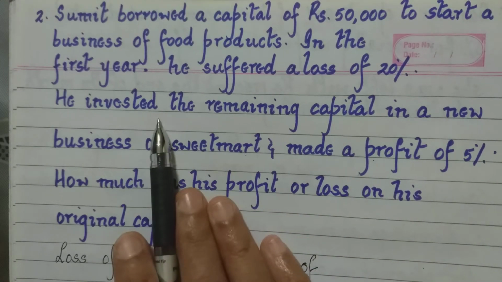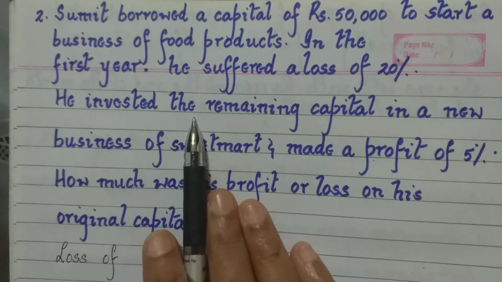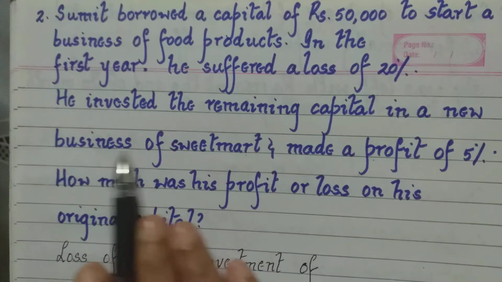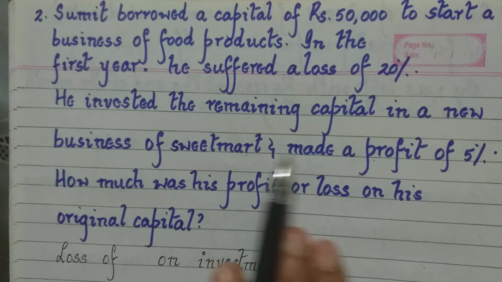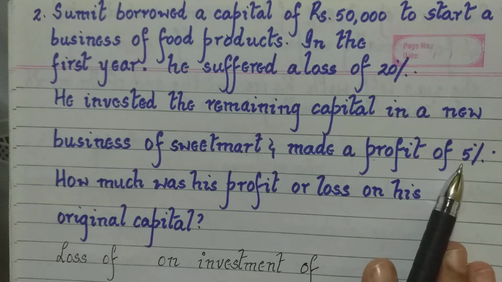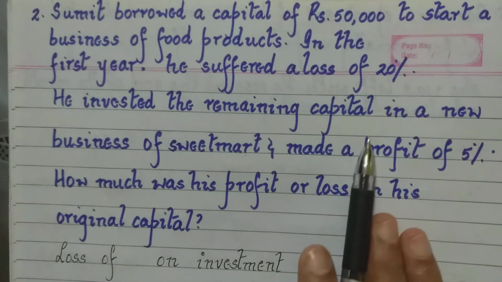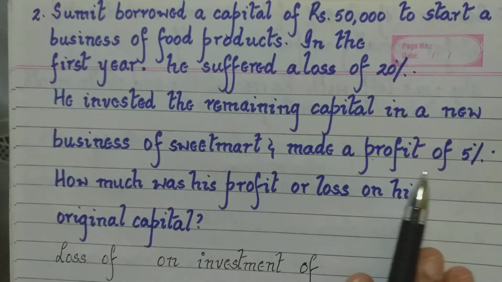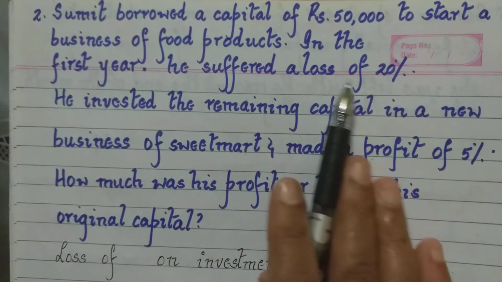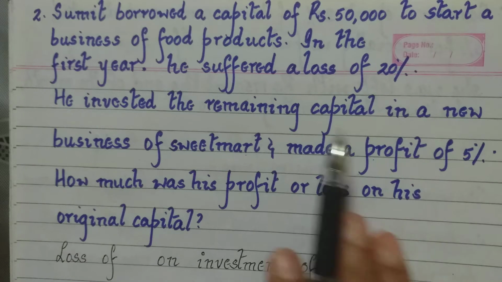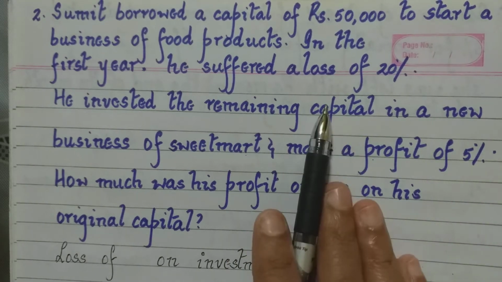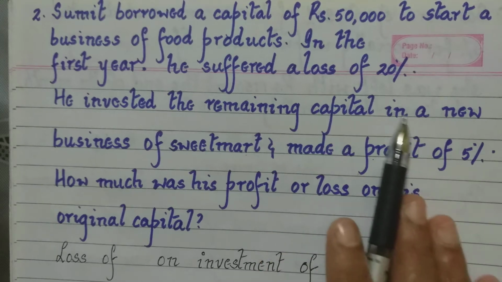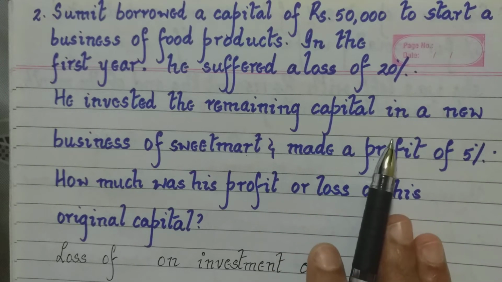So further, what did they say? He invested the remaining capital in a new business of Sweet Mart and made a profit of 5%. So when they say he made a profit of 5%, whatever is the remaining capital, we have to find out what is 5% of the remaining capital. That is the profit he made.